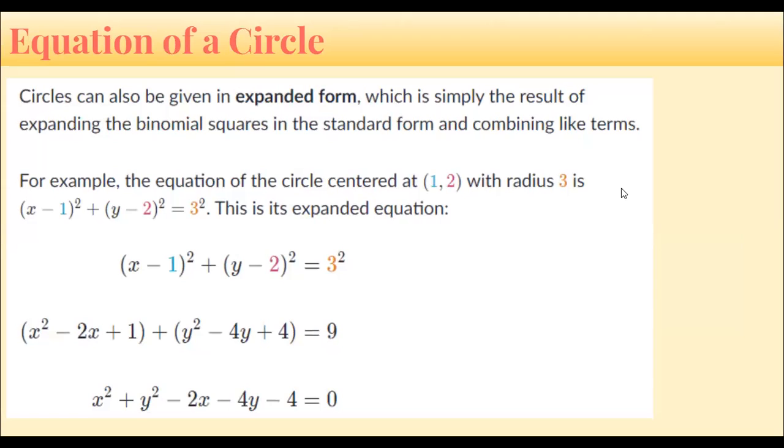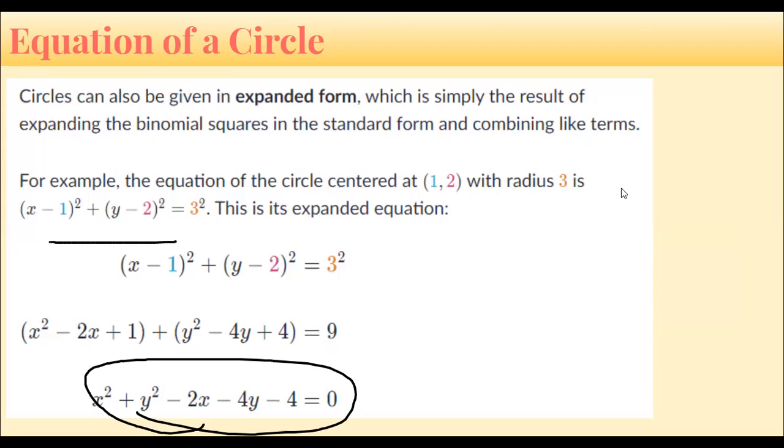So essentially, we need to convert it from this expanded form to the standard form that we know. How would you do that? Well, you need to understand a technique called completing the square, okay?